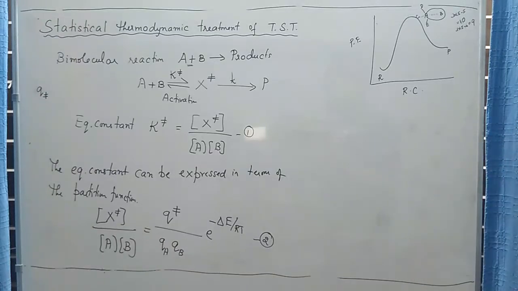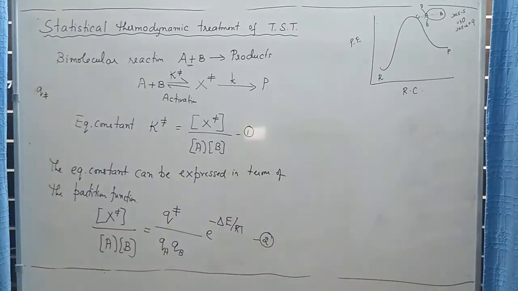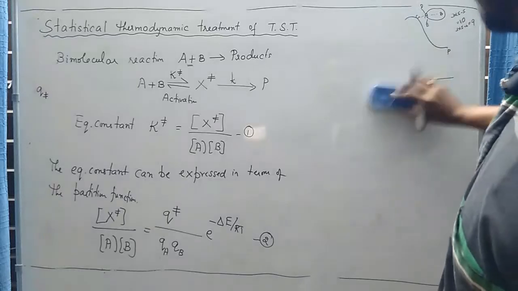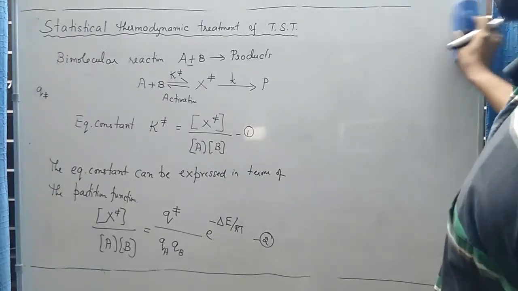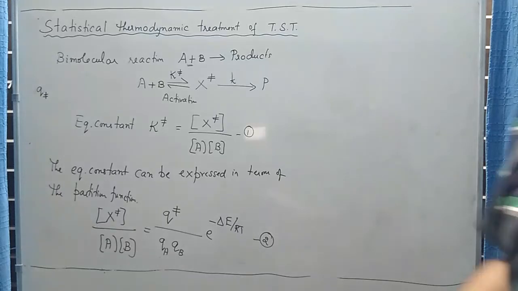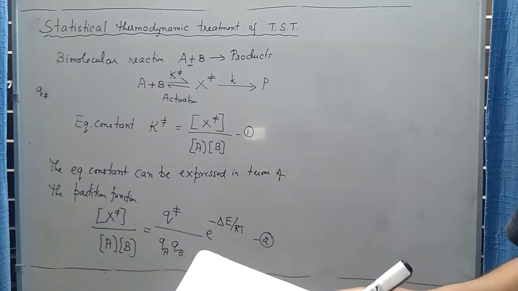How can that be done? That can be done by using the principles of partition function. In the previous semester, when we studied partition function and its characteristics, we observed that for a given system, the overall partition function is always the product of individual partition functions. So partition functions are always multiplied.